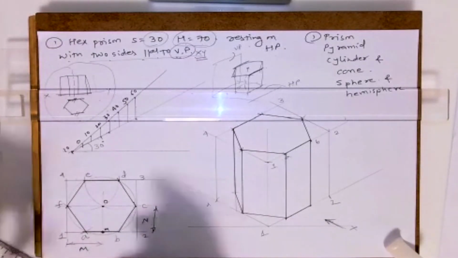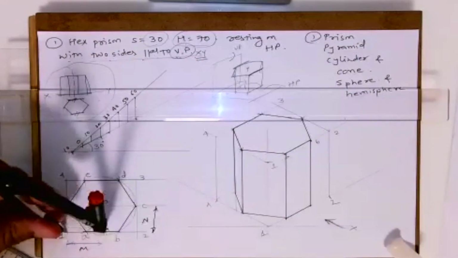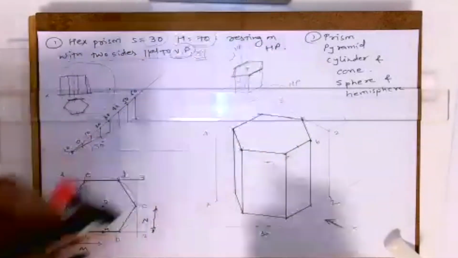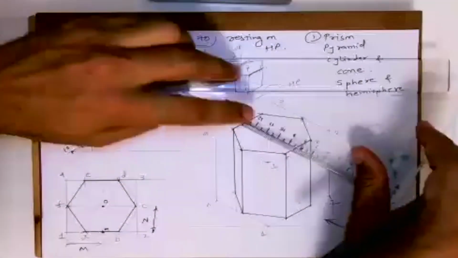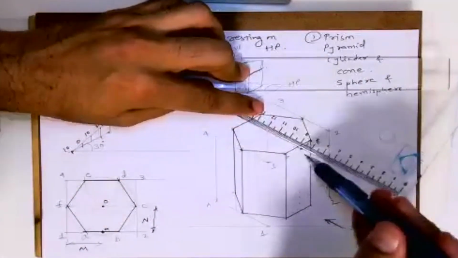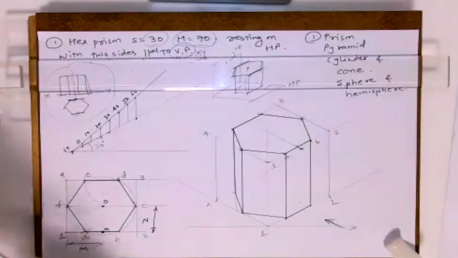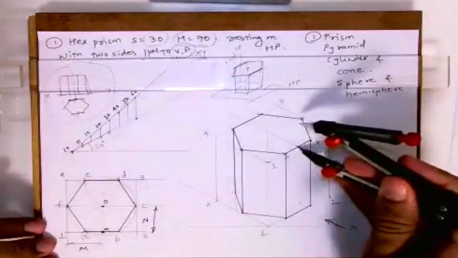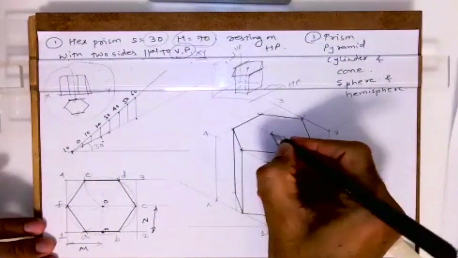Let's say this point is M, small m. So 1 to M I'm taking, and from here you cut. So you'll get that M. Then you take this line inside. Then you take O to M like this, and from here you cut here. So you'll get point O.